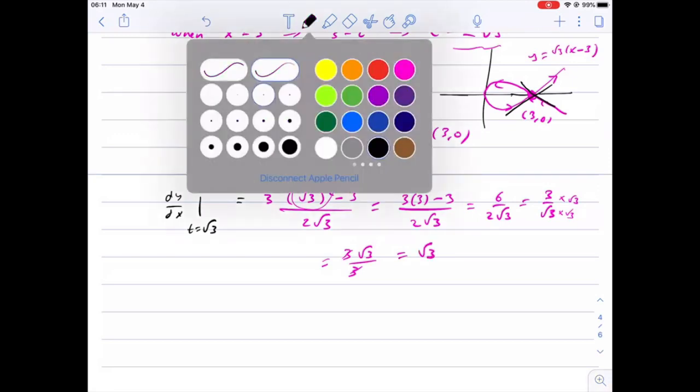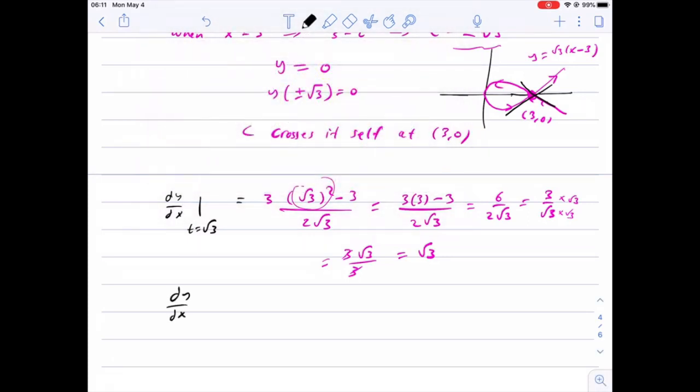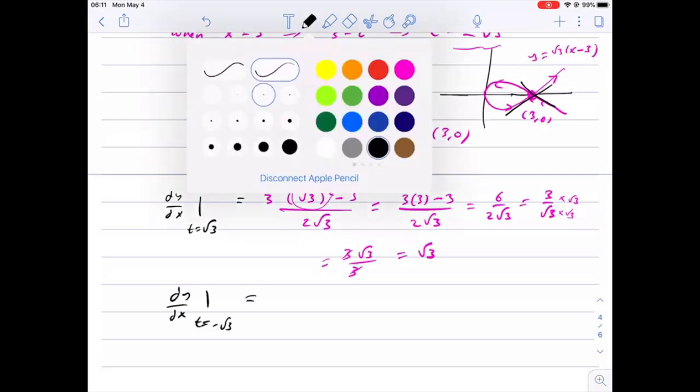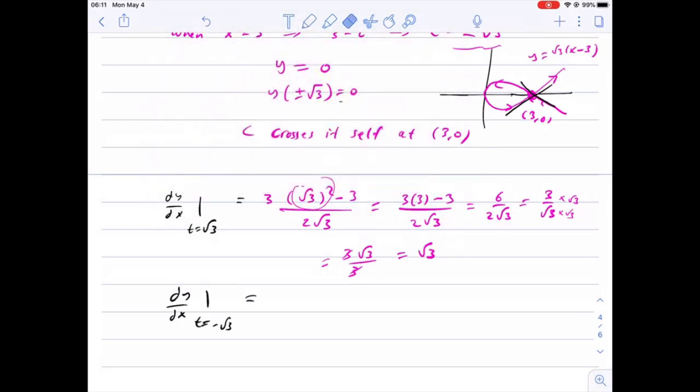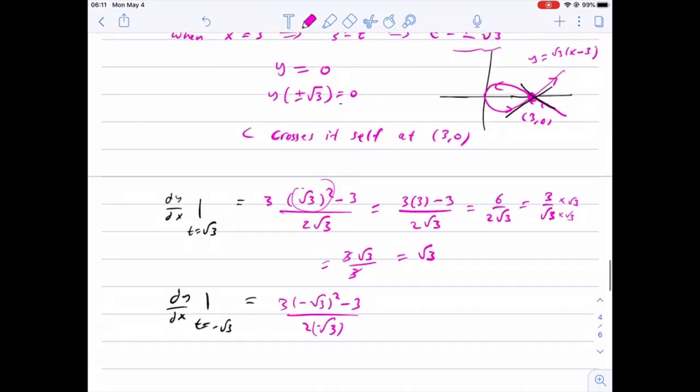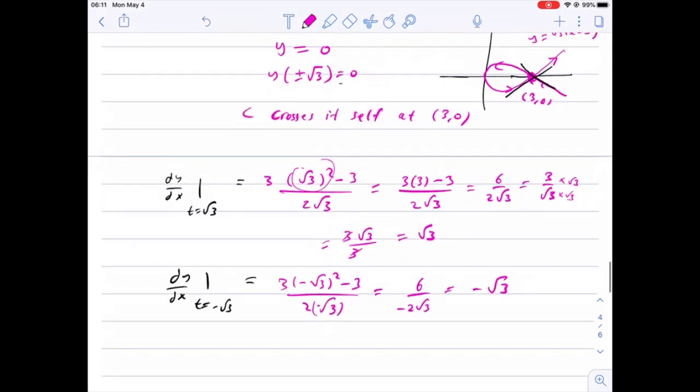And we find the derivative evaluated at t equals negative square root 3, and that gives us 3 times negative square root 3 squared minus 3 over 2 times negative square root 3. This is 9 minus 3, which is 6, over negative 2 square root 3, and that gives us negative square root 3.